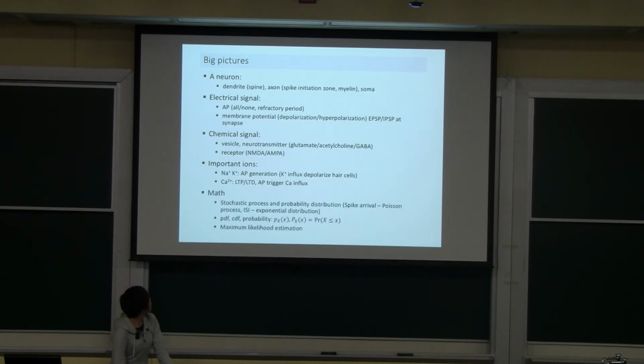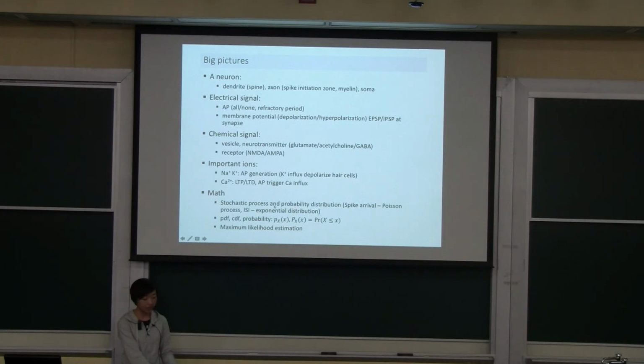Okay, then what else? Some math you have done before. The first bullet point I want to clarify is, remember in the first exam you were asked to describe what is a Poisson process, and make sure you understand what is a stochastic process and what is a probability distribution.